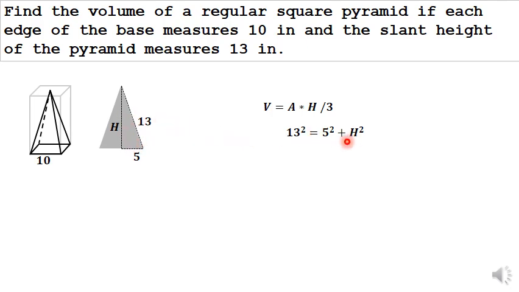Computing h using the Pythagorean formula, we get 12. The area of the base is a square of 10 by 10, so the area is 100. Computing the volume of the solid, we have 400.